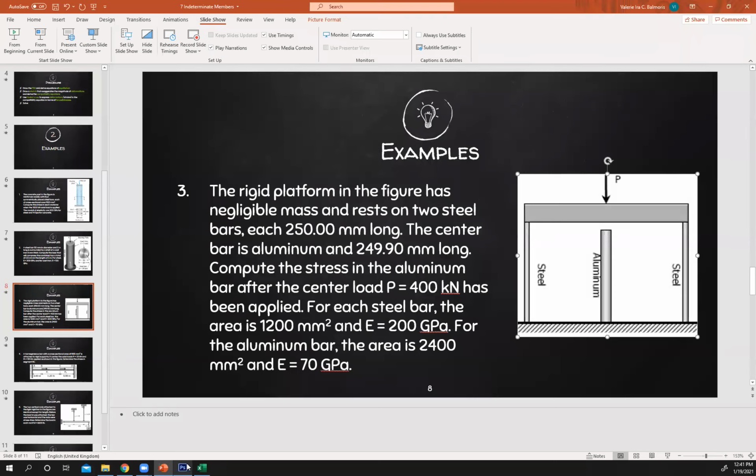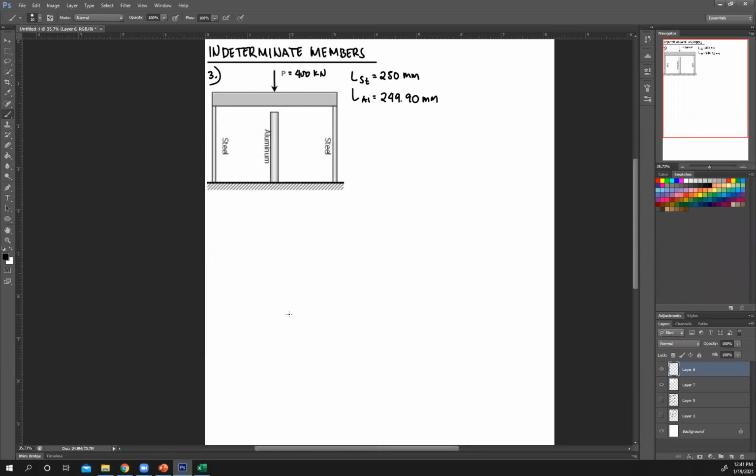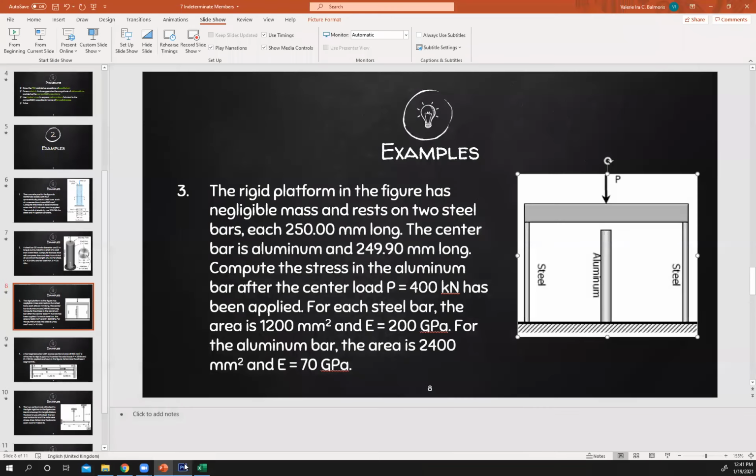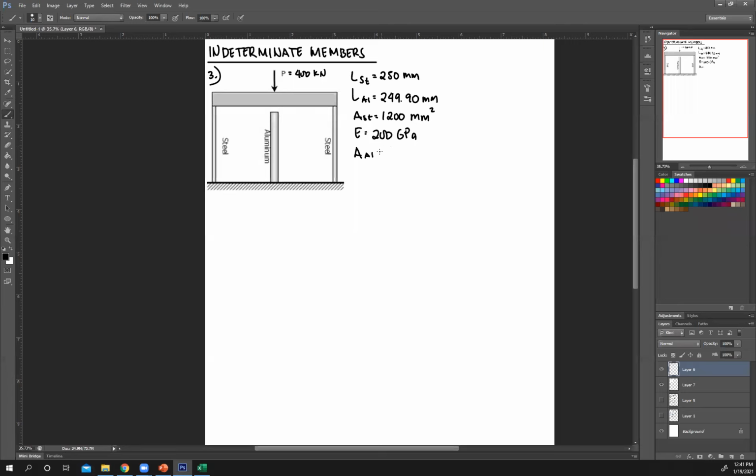Then area of steel bar 1,200 and E of 200. Then area of aluminum bar 2,400.